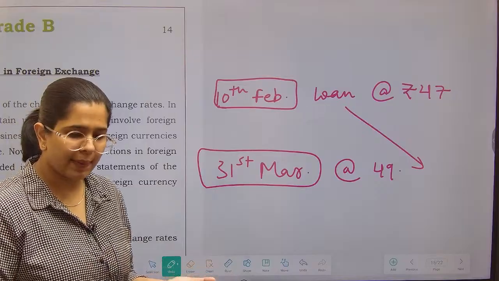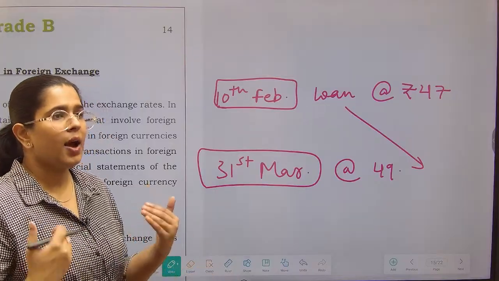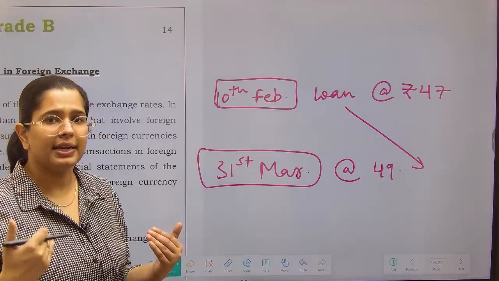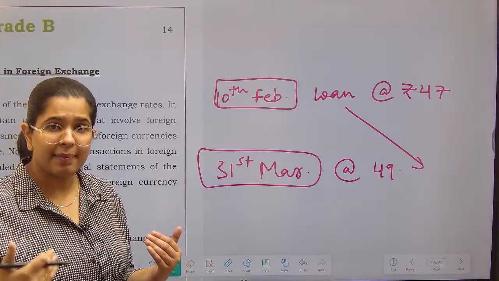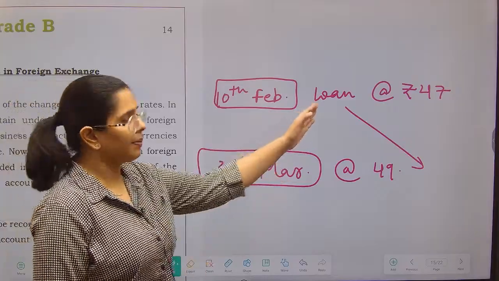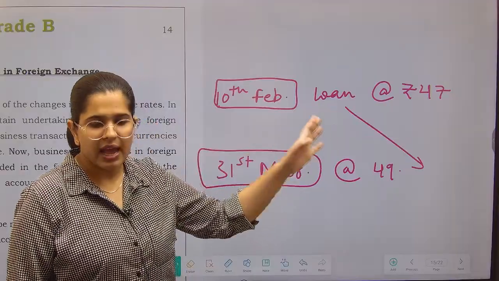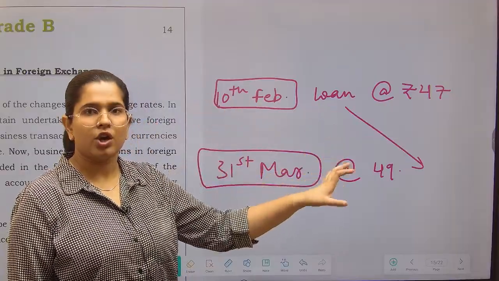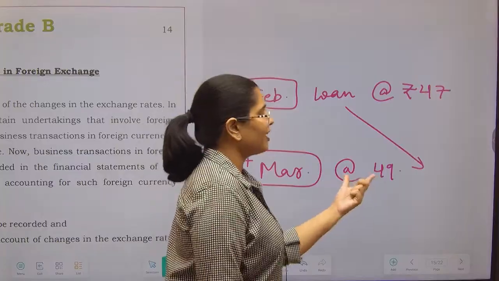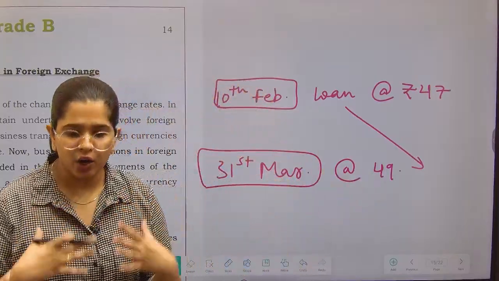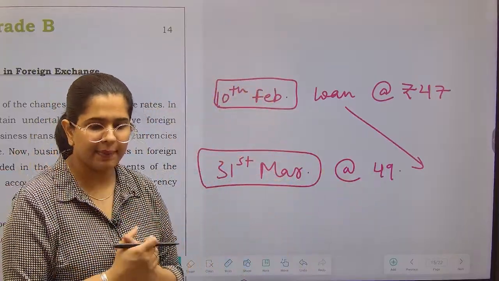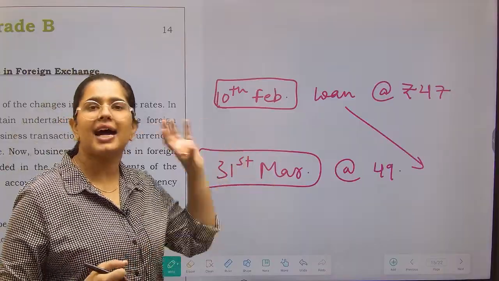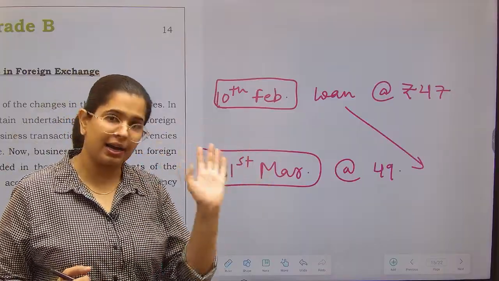क्यों revalue करना पड़ेगा? Because understand that monetary items, they need सेटलमेंट इन टर्म्स ऑफ मनी. ये लोन कभी ना कभी तो रीपे करना पड़ेगा ना. I have to repay this particular loan. So if the exchange rate has changed to 49 and it is my loss, ठीक है, अब मुझे 2 रुपए ज्यादा देने पड़ेंगे. So I have to recognize that loss in the P&L account.